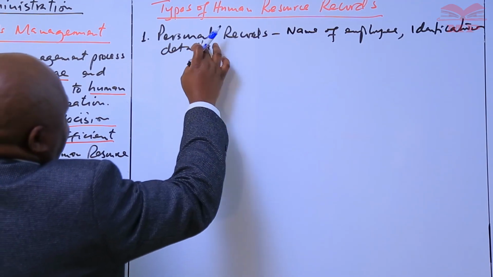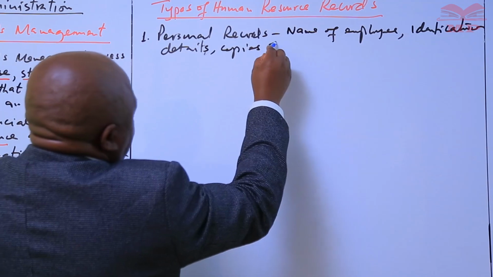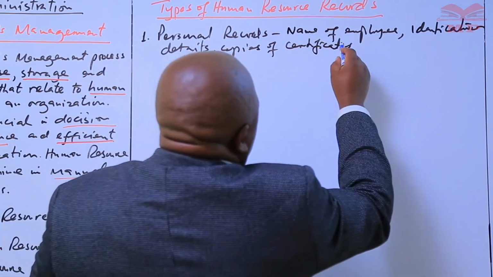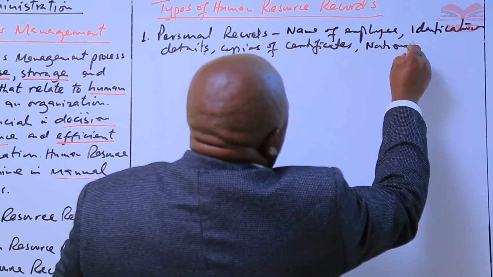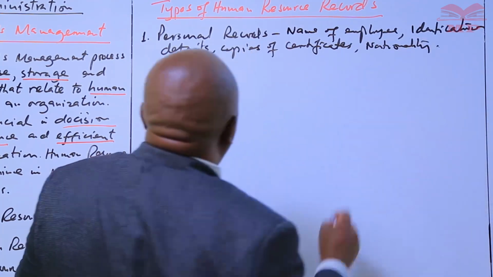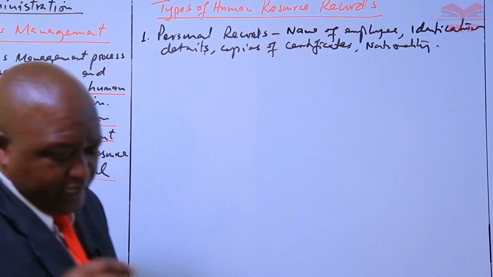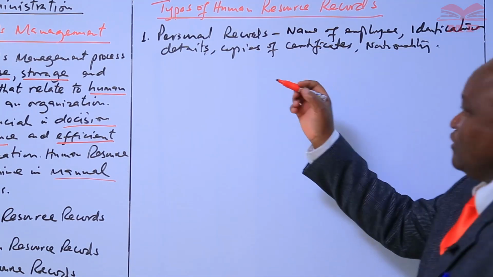You may also have copies of certificates, issues to do with nationality, among others. So some of the personal records you may have may relate to these aspects.